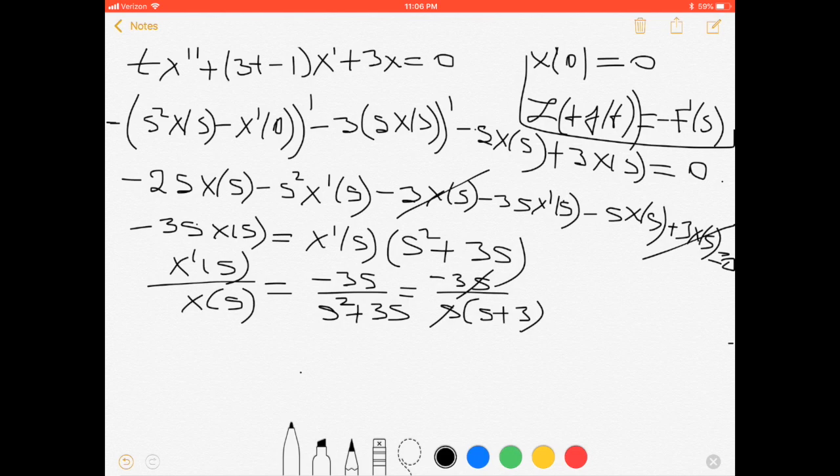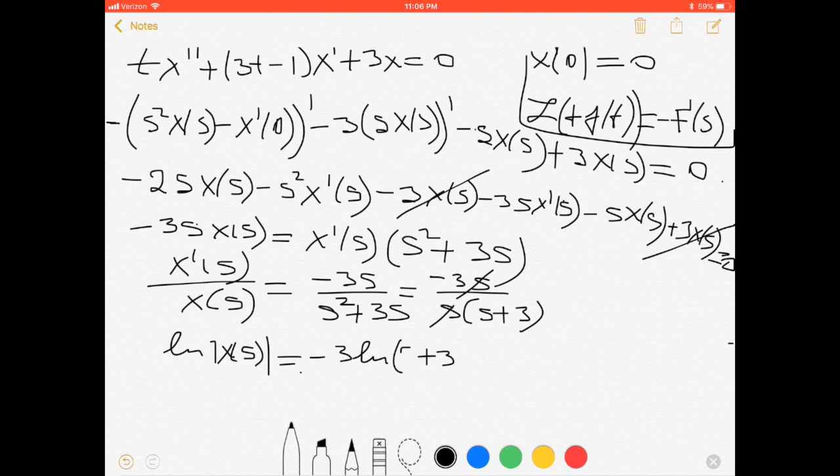If you take integral both sides, integral from derivative function divided by function will be natural log from this function. Integral minus 3 over s plus 3 will be minus 3 natural log s plus 3. Oh, I take x plus 3, but I write 3 plus 3.